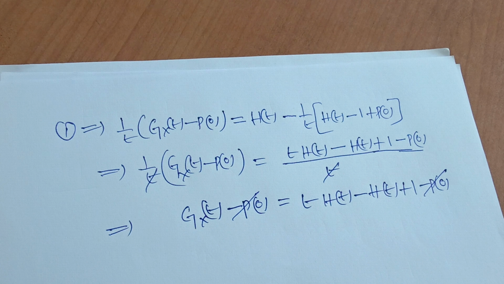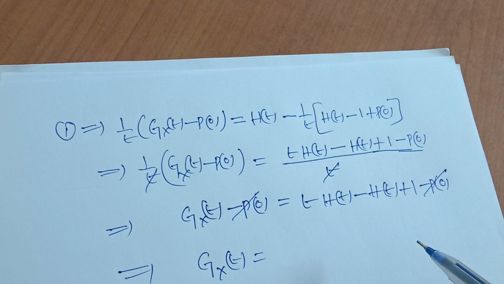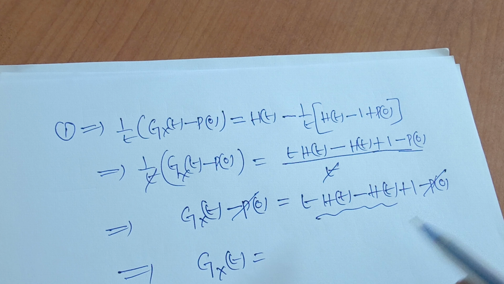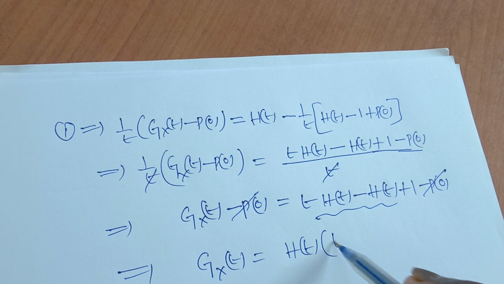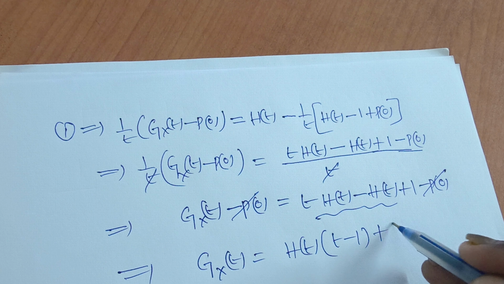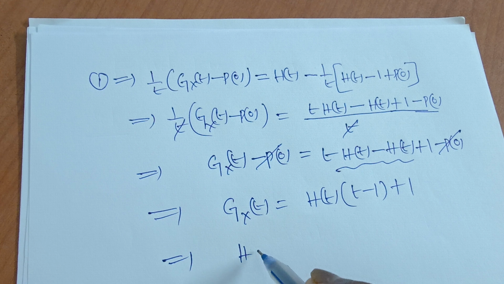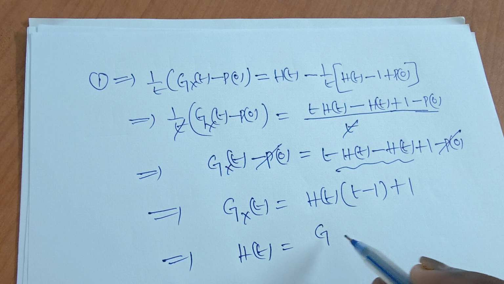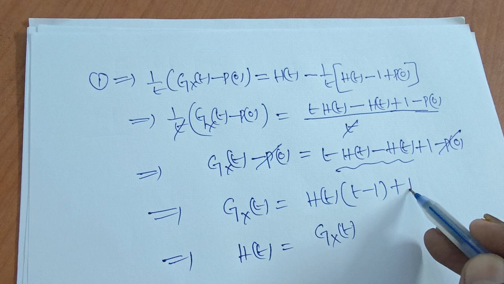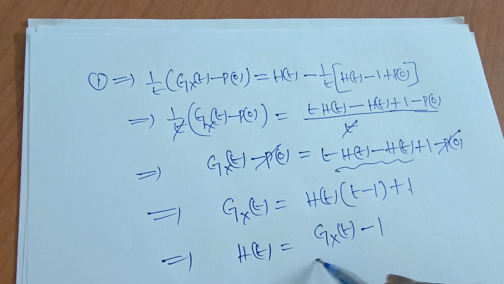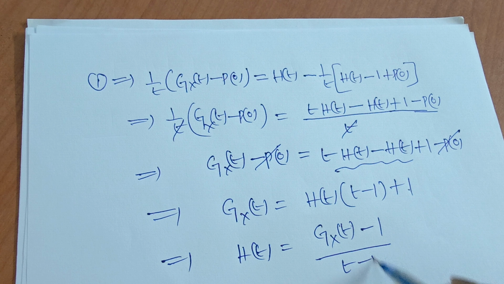Here minus P(0) on both sides cancel. G_X(t) equals, common h(t) from these two terms, h(t)(t minus 1) plus 1. So h(t) equals G_X(t) minus 1 by t minus 1.